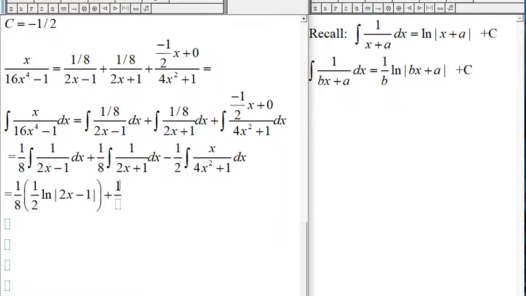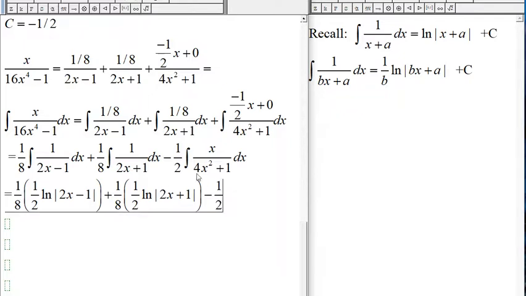And this would be 1/8 ln of the other, and then minus 1/2.